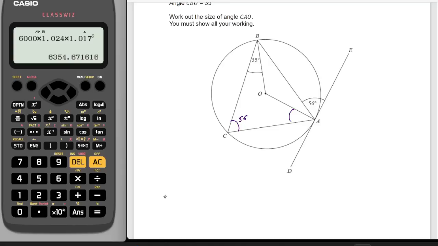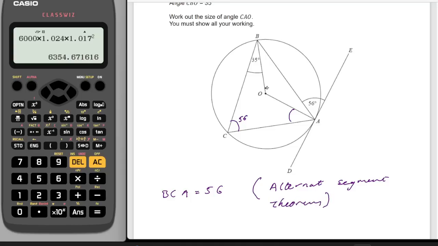So I'm going to say that BCA is equal to 56, and the reason is that it's an alternate segment, or from alternate segment theorem.